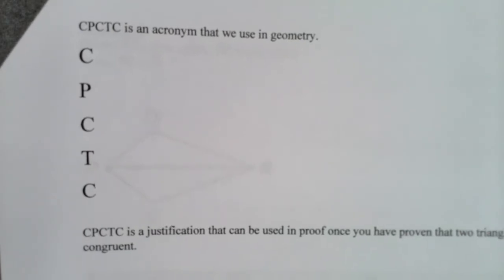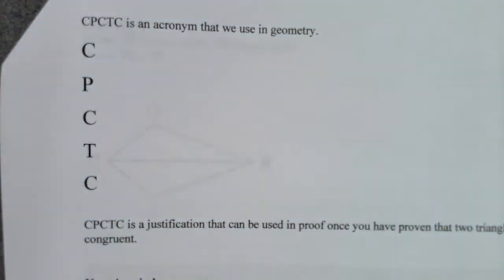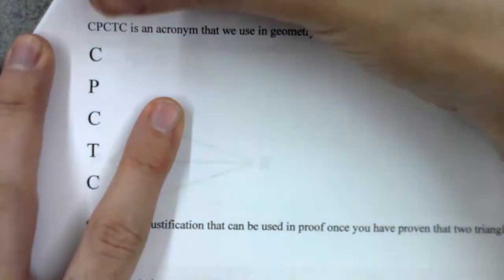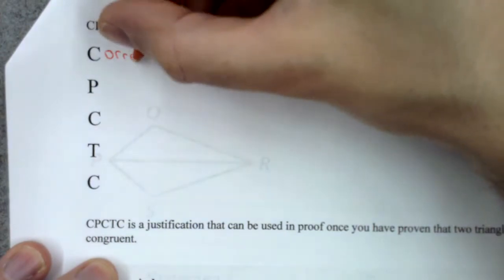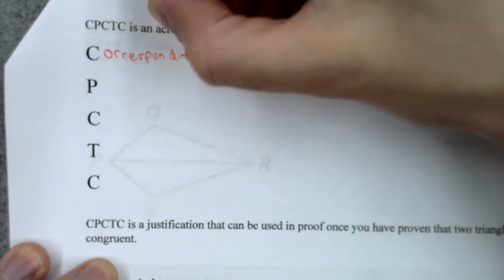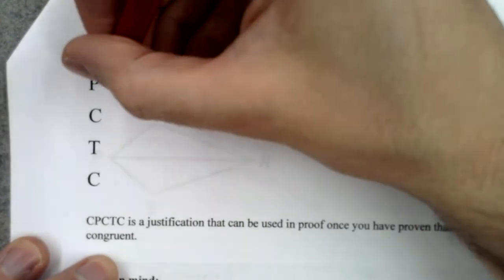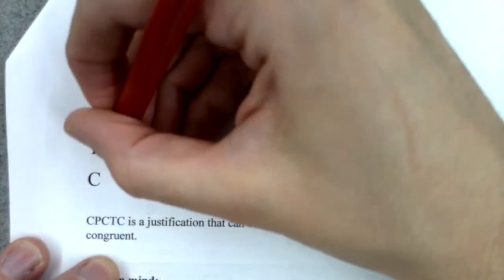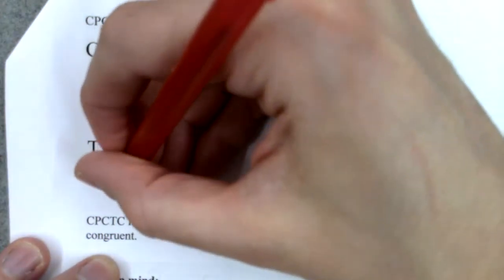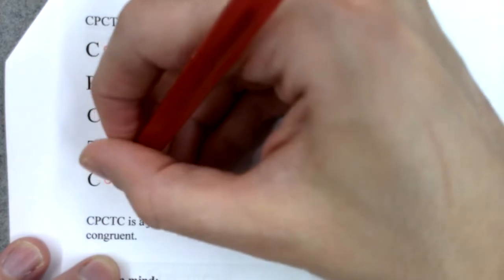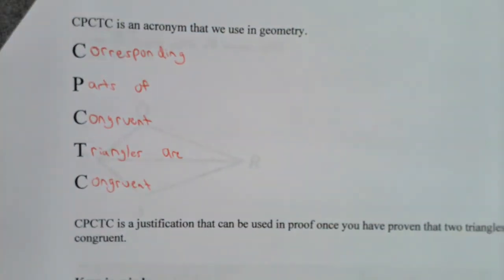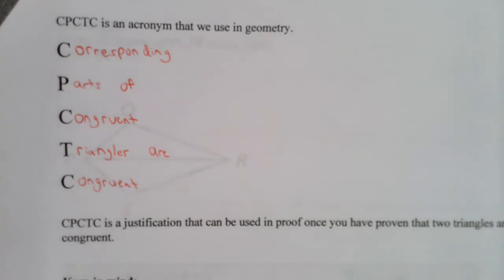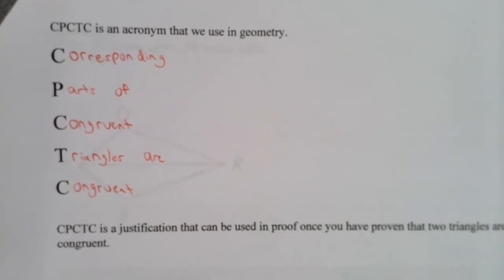CPCTC stands for the following: corresponding parts of congruent triangles are congruent.